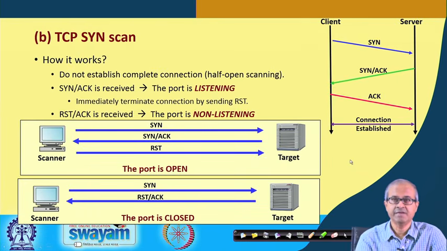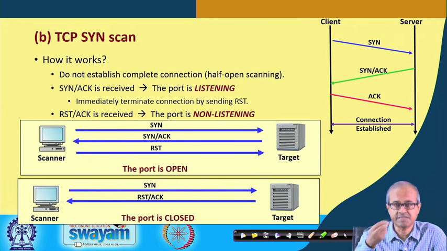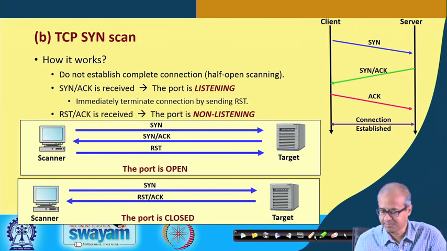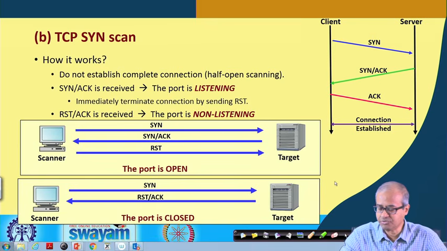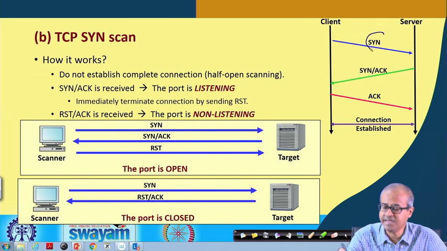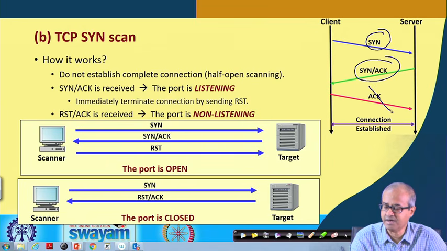Fine. There is another kind of port discovery mechanism called TCP SYN scan. Here the mechanism is slightly different. Well, here also we are utilizing the three-way handshake, but we are sending a SYN, we are getting back a SYN ACK, but the third ACK we are not sending.